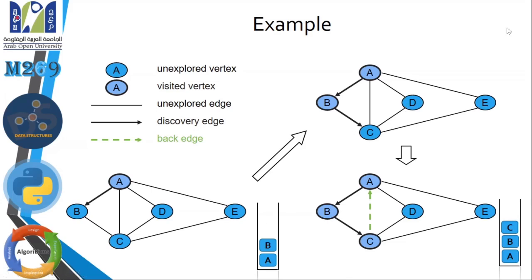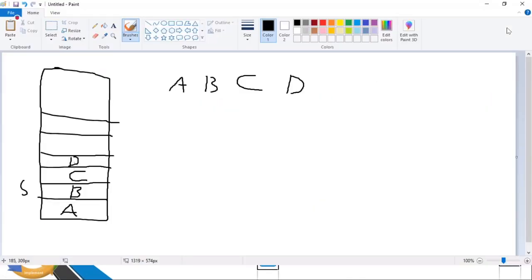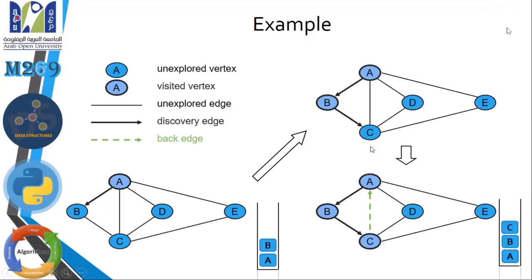Now, from D, that is my target. From D, which vertices can I visit? I can visit A, already visited.